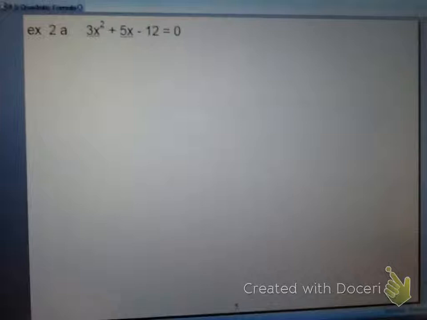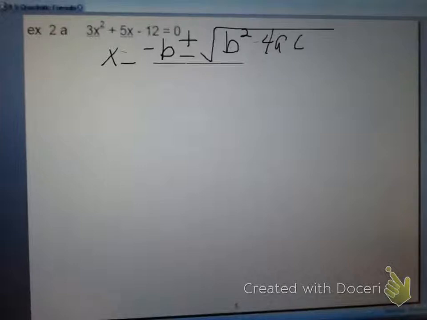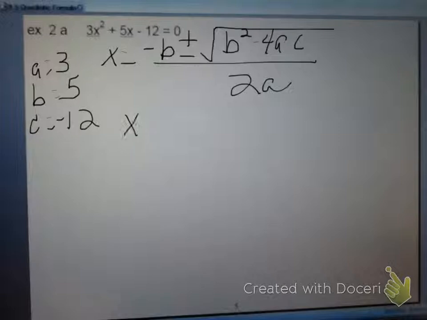Number 2a, again, we're going to use the quadratic formula. It's already equal to 0, so we don't have to worry about that. a is 3, b is 5, and c is negative 12.